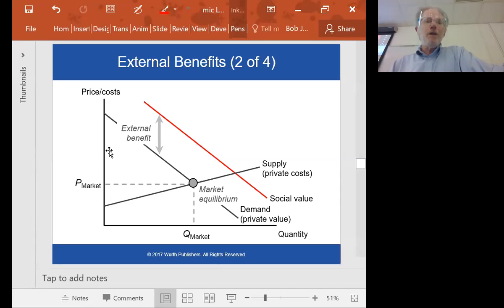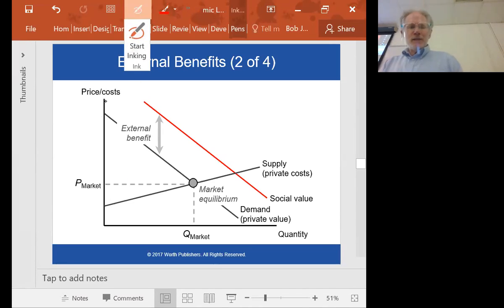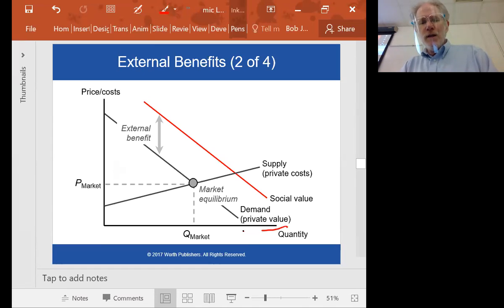And here we see, of course, a graph to demonstrate that. Remember, and as we go through this, think through it because it will help you to understand the basics better. The demand curve always represents the private value or the private benefit. It's the benefit going to the person who's getting the shot, who's paying for it.